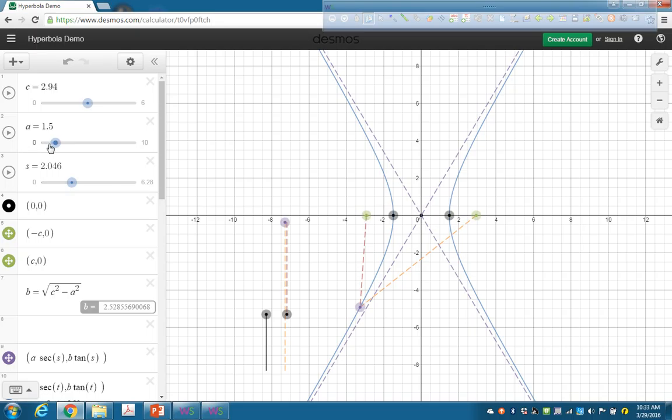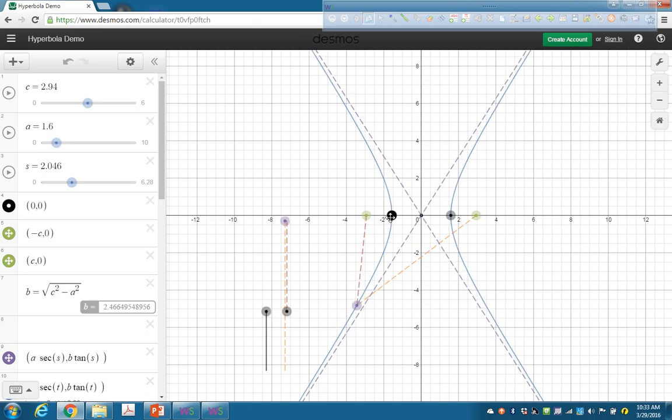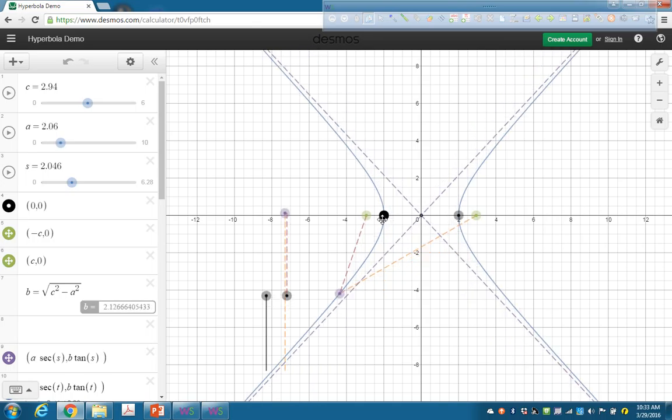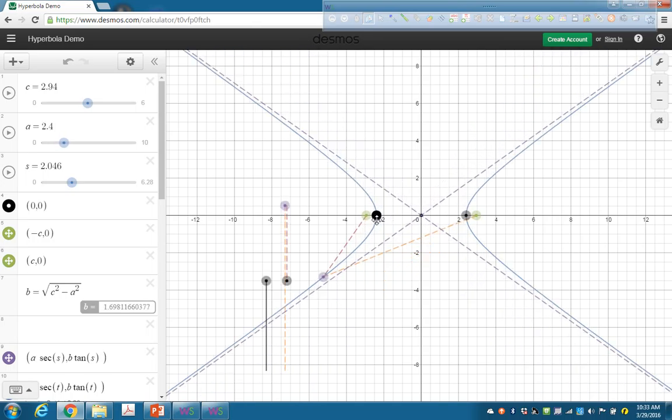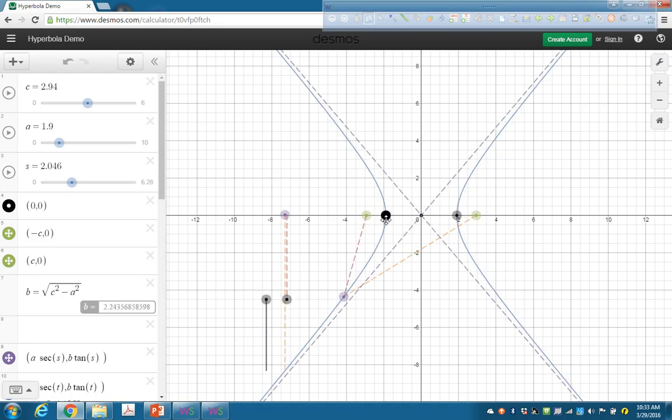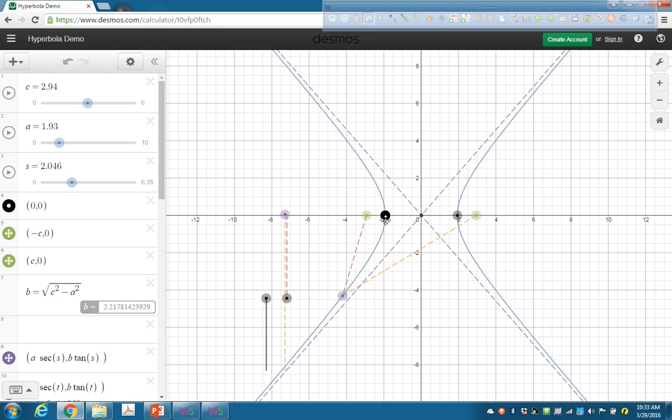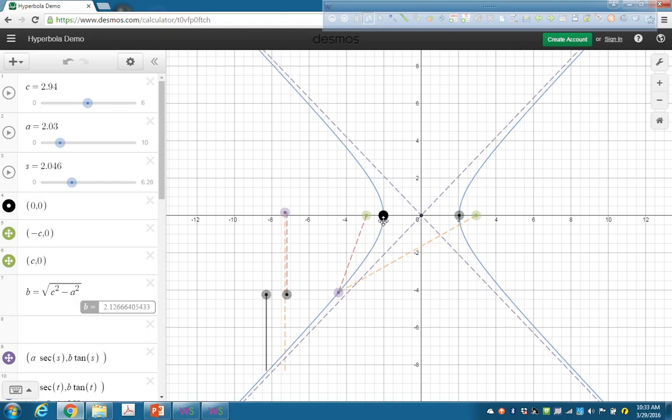Notice as I change a, b down here, which is equal to the square root of c squared minus a squared, gets smaller as a gets bigger, which controls the skinniness of my hyperbola. You understand that, guys? It doesn't really show b on here, but b.